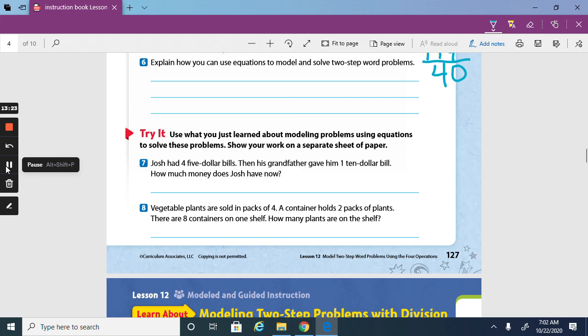Okay, so when I solved this problem, I used H to represent how much money Josh had. To determine how much money Josh had, I would take my 4 $5 bills, which means I have 4 groups of 5, so I would multiply 4 times 5.